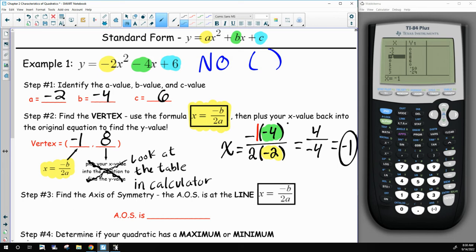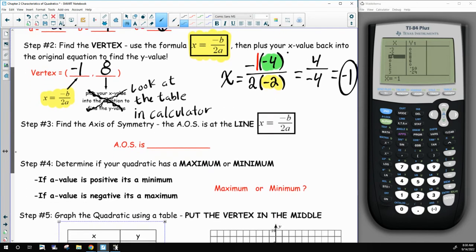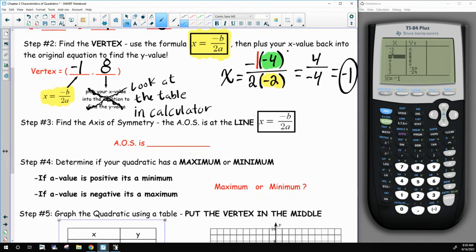Okay, so you can leave the table up because you know we're going to be using that in a second. We're going to continue on down to step number 3, which is our axis of symmetry. This follows the same exact pattern as before. The axis of symmetry, the line that cuts a quadratic perfectly in half, always starts with x equals because it's a line.